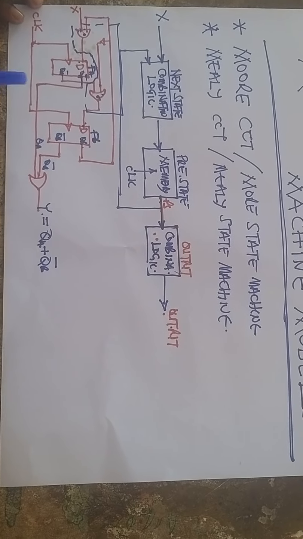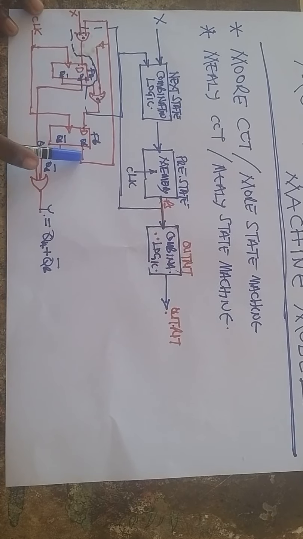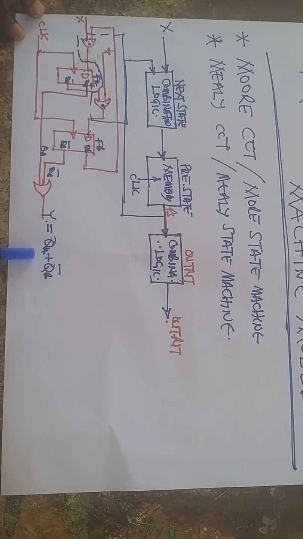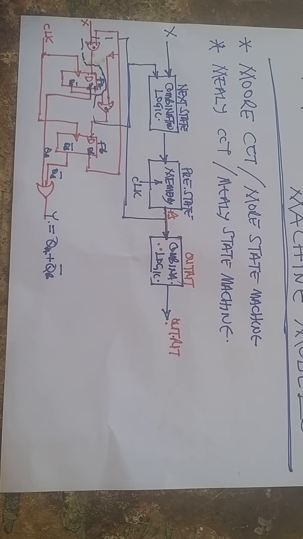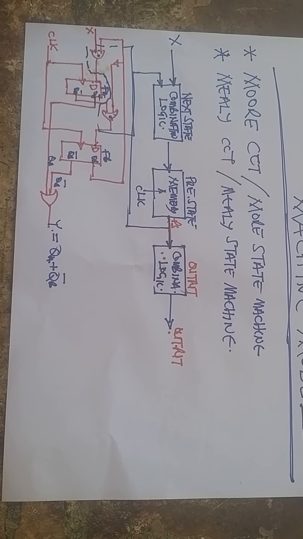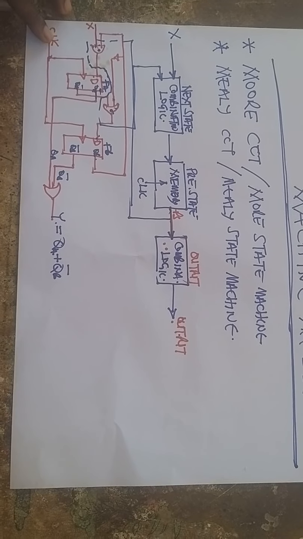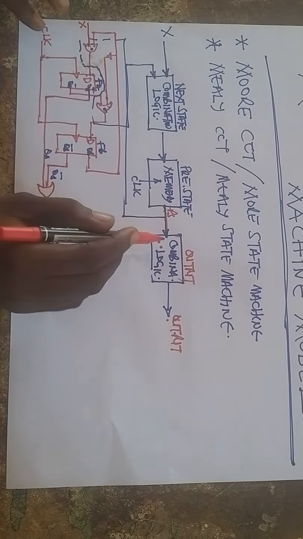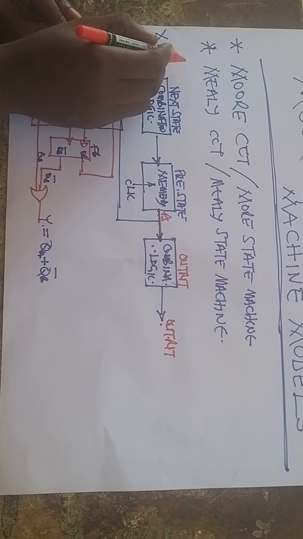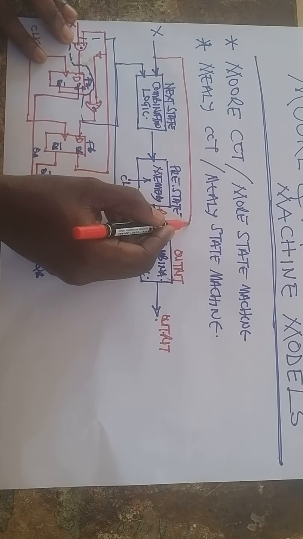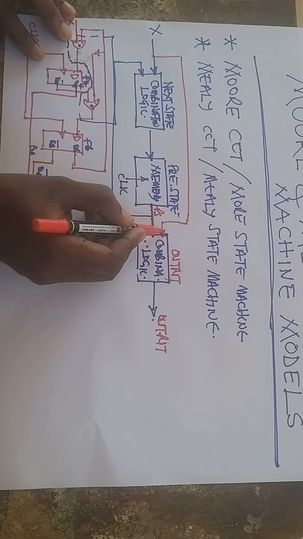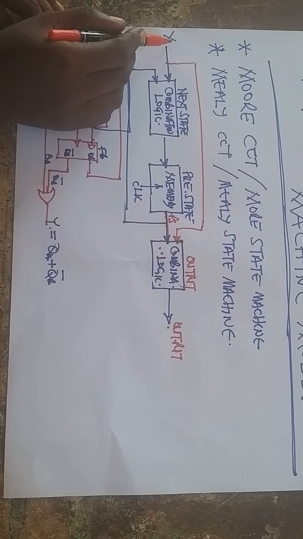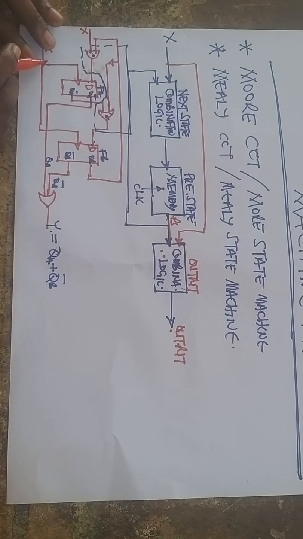The output is depending on the output of the flip-flops, which are the present state. That is what Moore is saying. On the other hand, this is what Mealy is saying. With the Mealy state machine modeling, the output is determined by both the present state and the present state of the input.